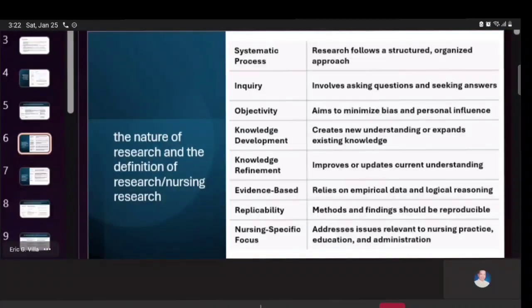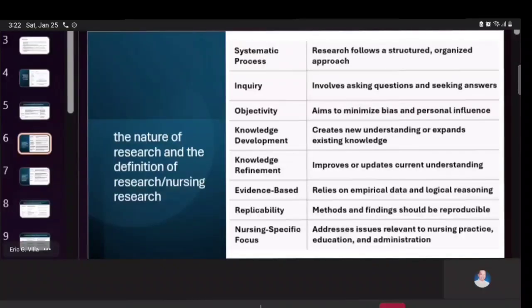For example, the systematic nature. A nurse researcher studying the effectiveness of a new pain management protocol follows a structured approach. First, they formulate a clear research question. Second, they design a rigorous methodology for the study.